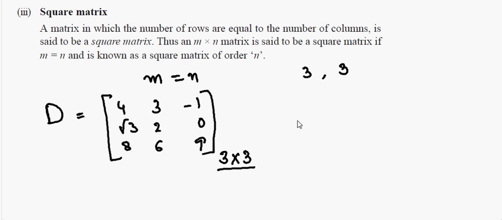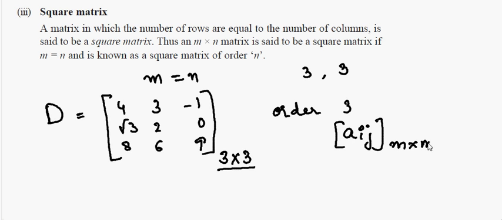In general, I can just write it as a matrix of order 3. Or in general form I can represent it as Aij, where m cross n, since m is equal to n, I can just write it as n cross n. There is one more thing you need to know. If it is a square matrix, these are the diagonal elements.